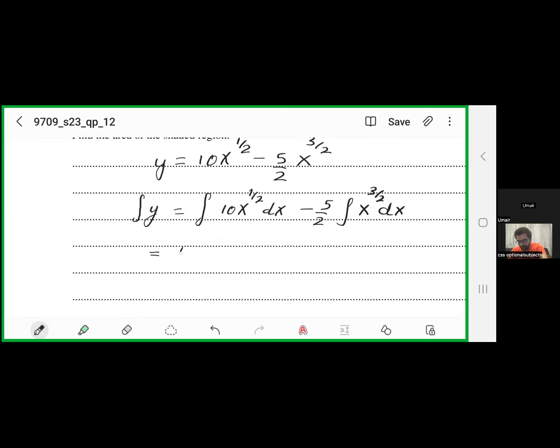So you will get x power 1 by 2 plus 1. You will add 1 in the power, the rule of integration, and then divide by this power. And for minus 5 by 2, x power 3 by 2 plus 1 will become x power 5 by 2 divided by 5 by 2.